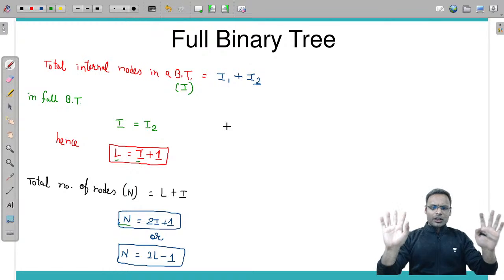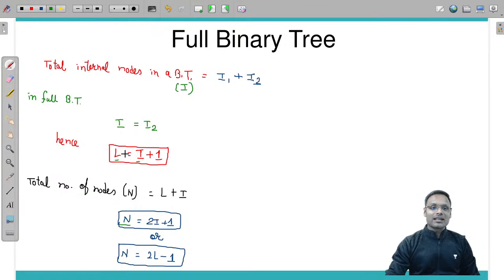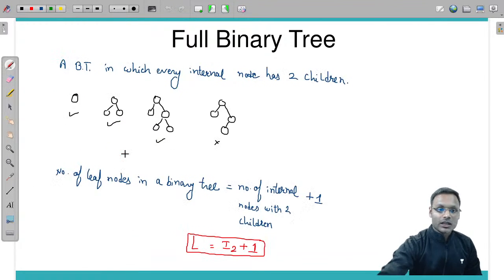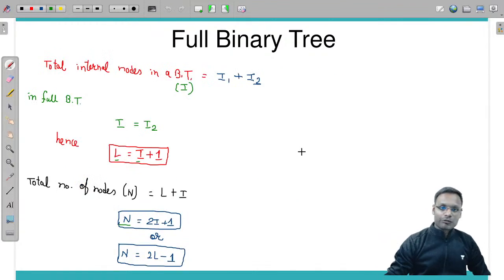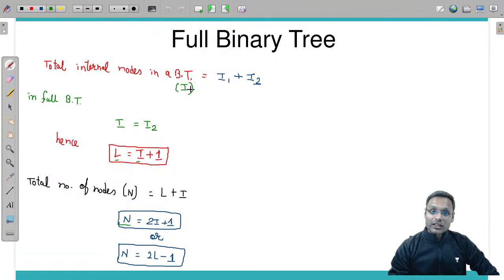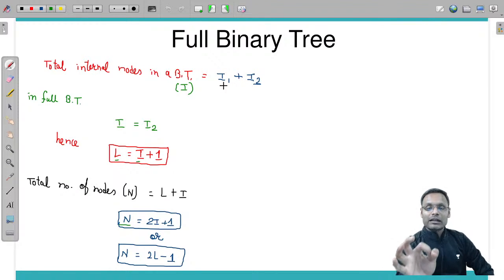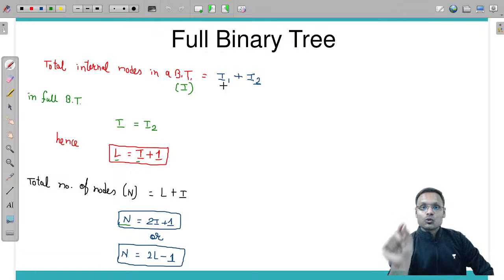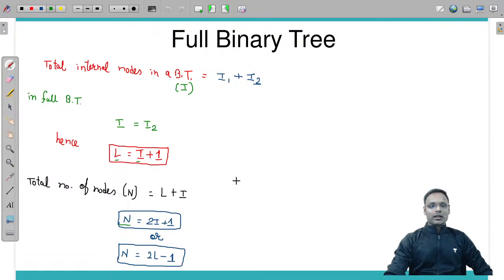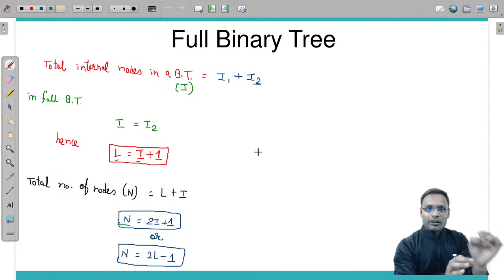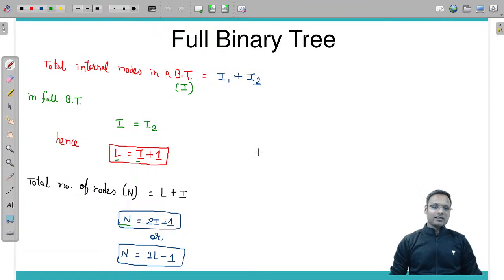Capital L is the total number of leaf nodes, I is the total number of internal nodes, I1 is the number of internal nodes with one child, I2 is the number of internal nodes with two children, and capital N is the total number of nodes in the tree. Got it? So if any one thing is given for a full binary tree, you can get any other thing.